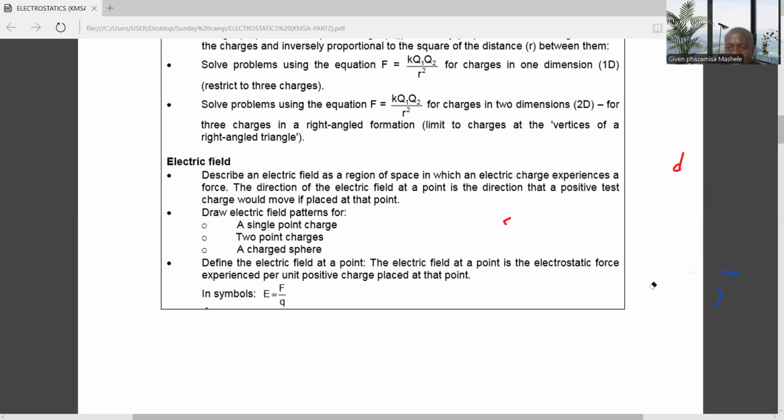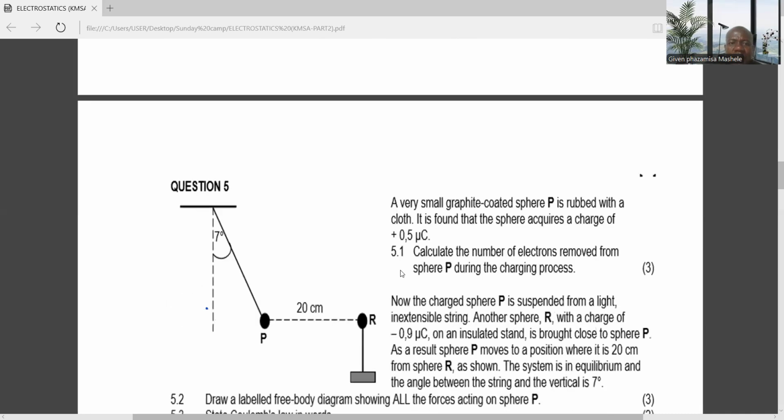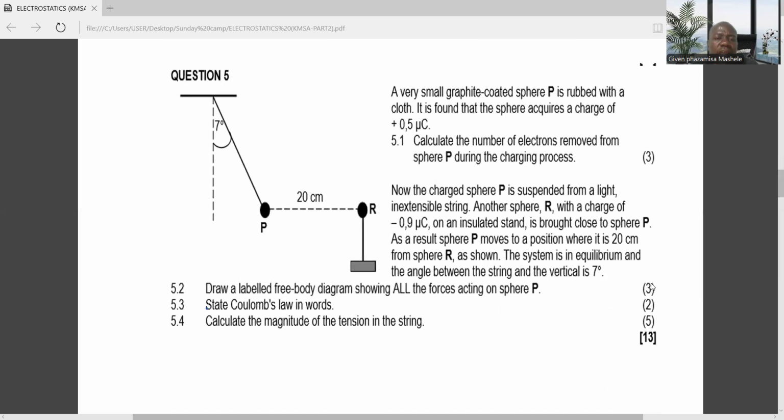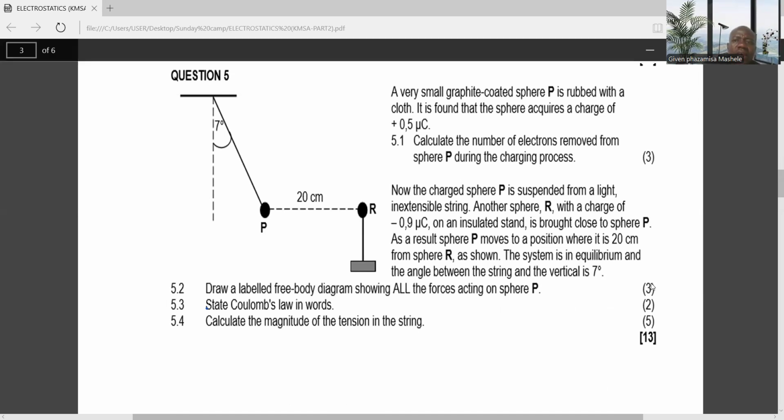Right. I'll just go through one example, which is related to part 1, but it's also applicable to what we're going to address now. Here's an example. It says, a very small graphite coated sphere P is rubbed with a cloth.